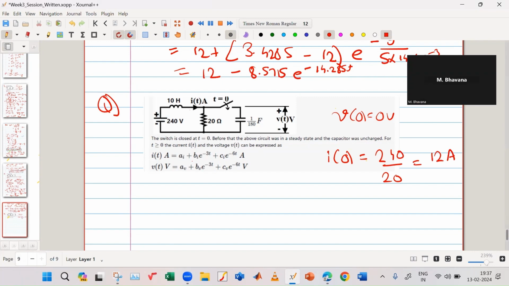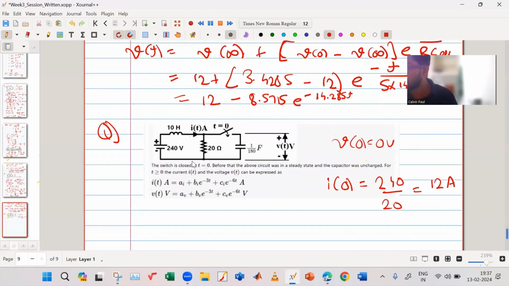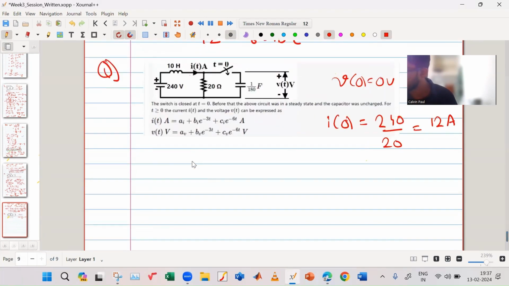Okay. Now the switch is closed. So my circuit becomes like this, 10 Henry.